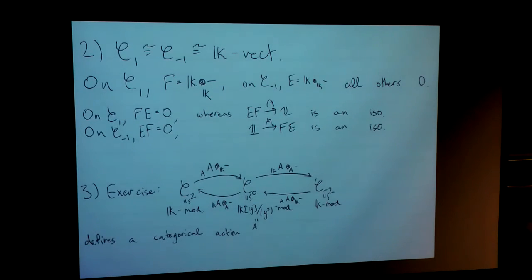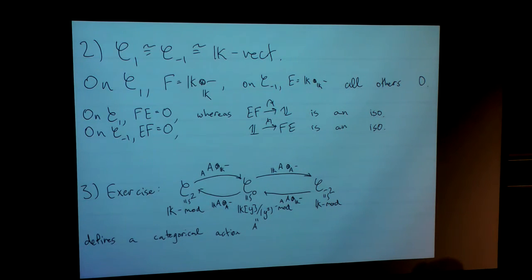All right, let's do a slightly less trivial example, though it's pretty trivial. Now I'm going to take C1 and C minus 1 to be copies of vector spaces. And again, I could take any category as long as it's the same category. Okay, good.